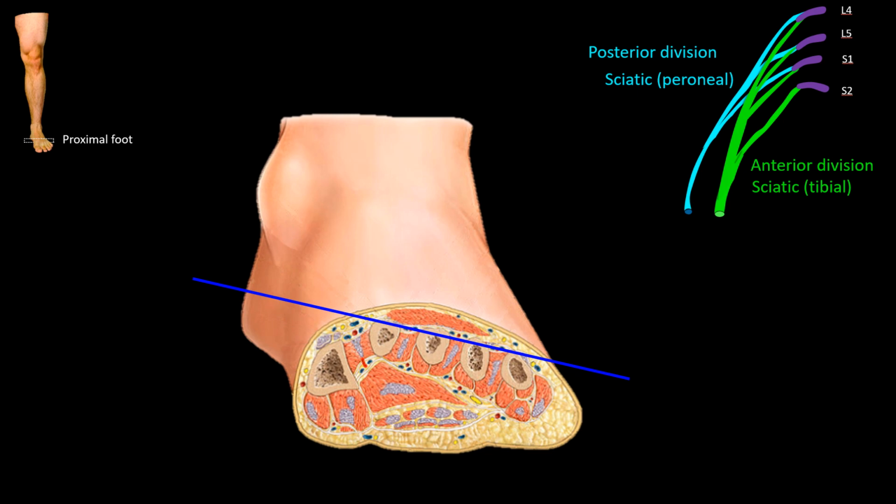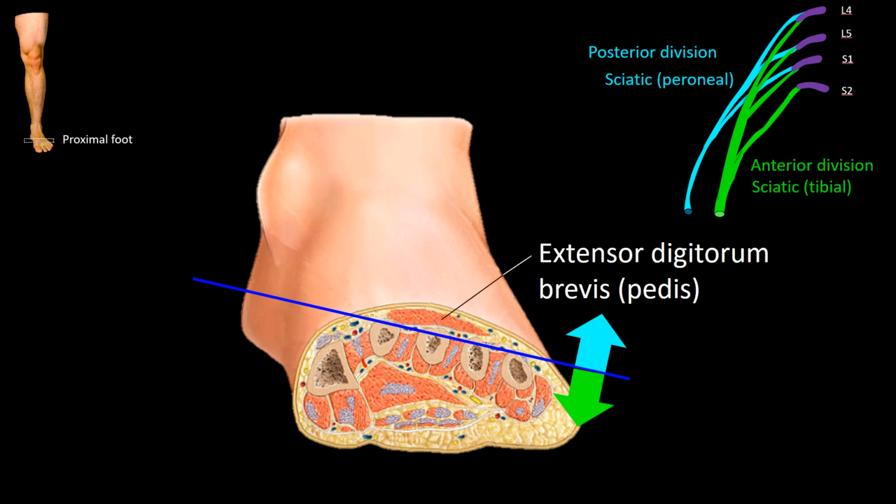This line has the same significance as the line used for higher cuts. It separates muscles innervated from the anterior division of the lumbosacral plexus from those innervated by the posterior division of the lumbosacral plexus.